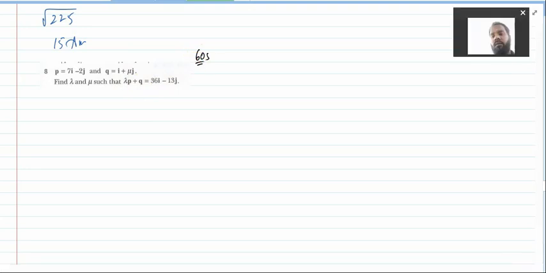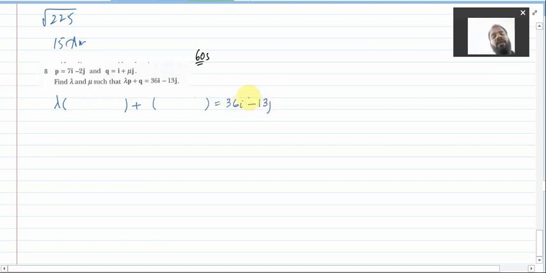Alright class. Like I said to you, you need to place the values here. So it's lambda p plus q equals 36i minus 13j, right? Lambda p is what? p is 7i minus 2j. q is i plus mu j.